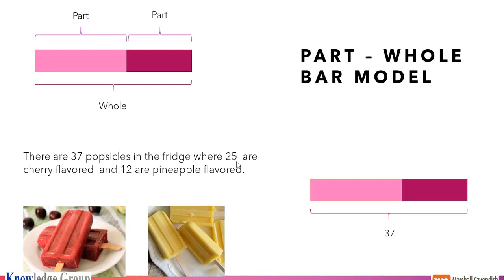If I have 25 and 12, then my bigger part represents the greatest number. Now write down here 25 and 12. What does this mean? That 25 and 12 make 37. Remember your number bonds? It's pretty much the same. 25 and 12 make 37.